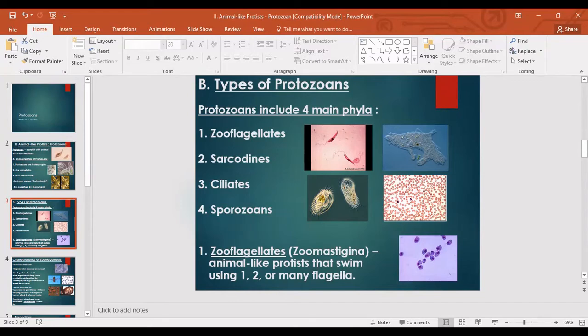It mentions many of them, like Foraminifera, Radiolaria, Didinium. Was Trypanosoma mentioned? Were the sporozoans mentioned? Plasmodium vivax and Plasmodium falciparum.